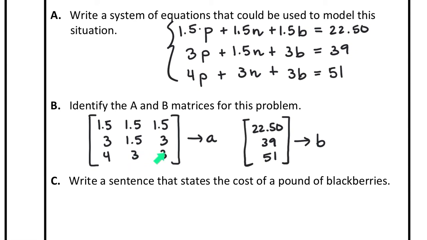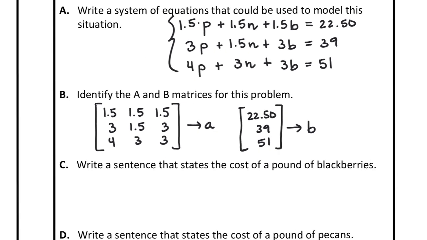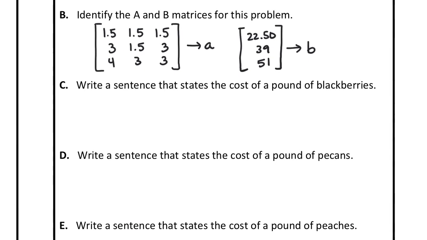Okay, so I have my A matrix and my B matrix. And what ended up happening was when I typed this in the calculator, it gave me the following amounts.